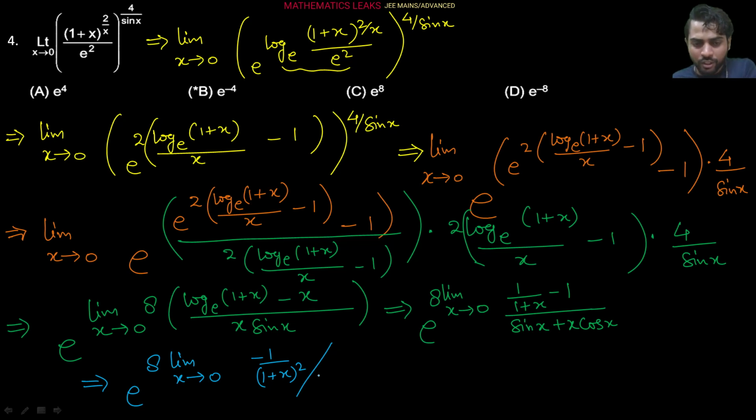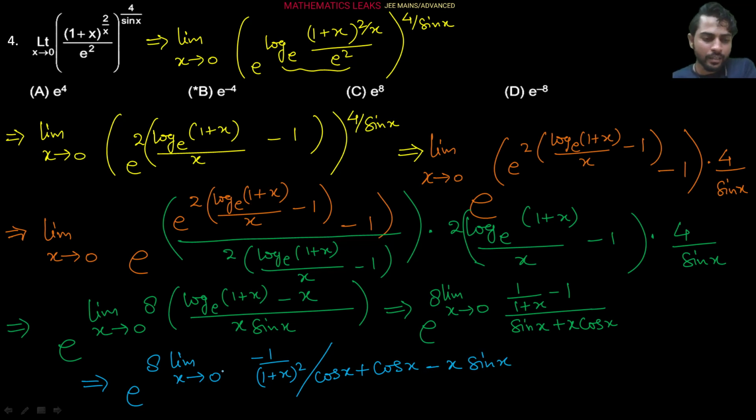Denominator: sin x differentiation cos x, plus x cos x, again product of two functions, so first function x differentiation 1, second function cos x as it is, plus first function x as it is, cos x differentiation minus sin x, so that will be minus of sin x, right?